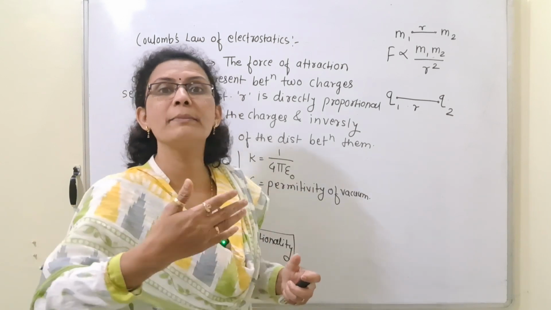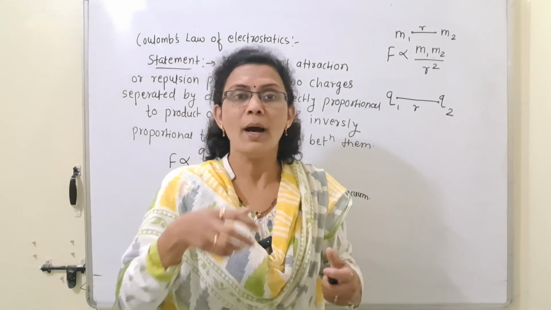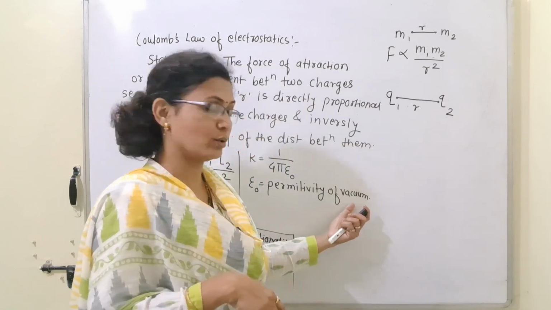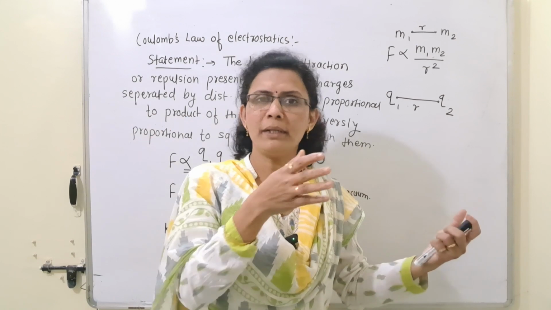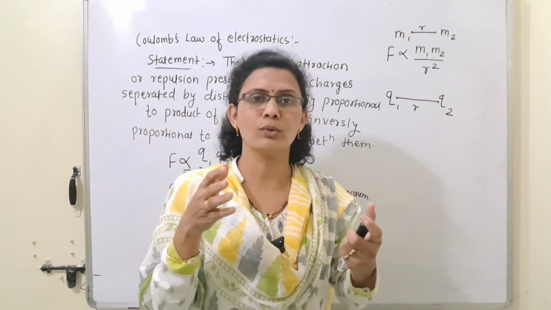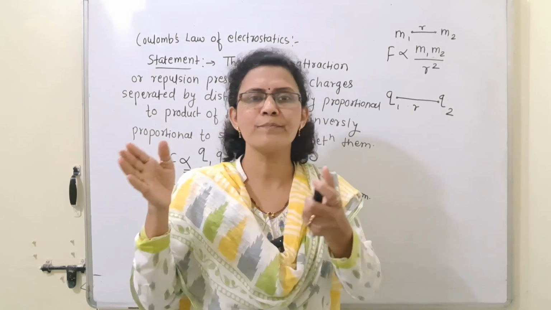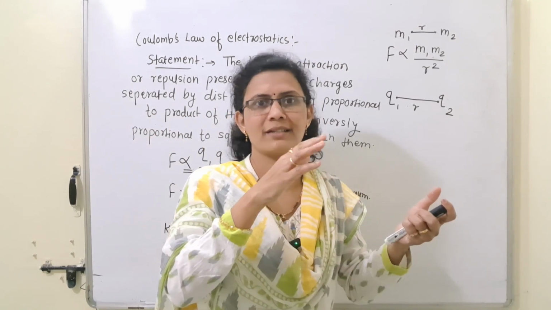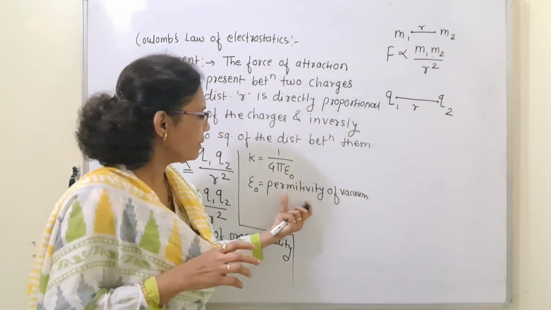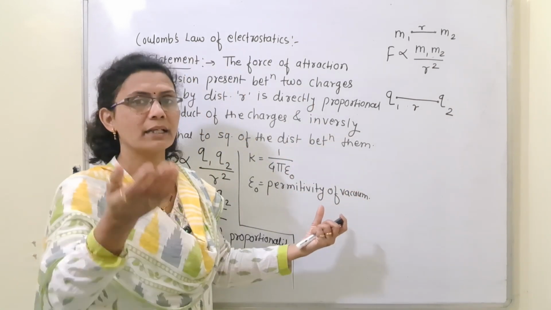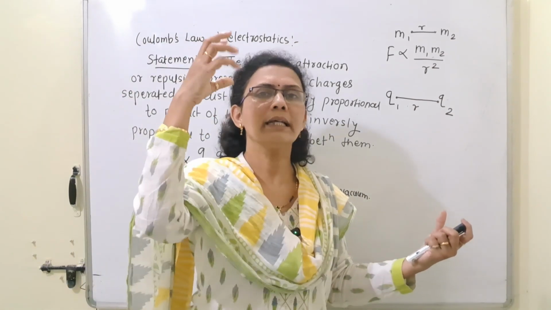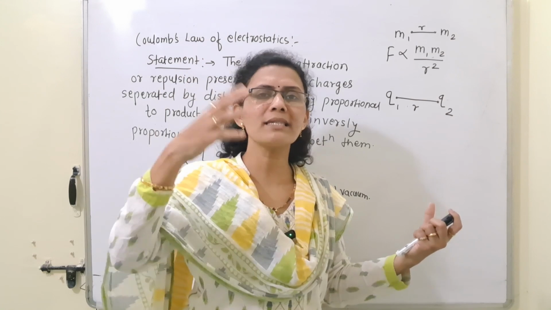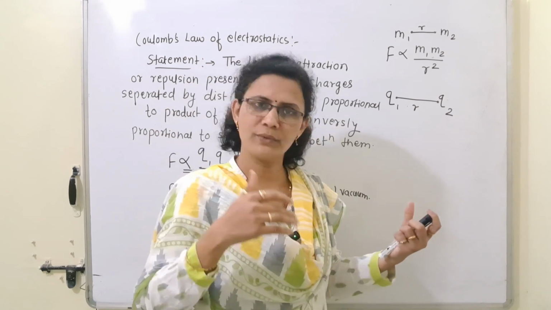Permittivity means permission, to permit. The permittivity of vacuum is the ability of vacuum to allow the electric field lines to pass through it.